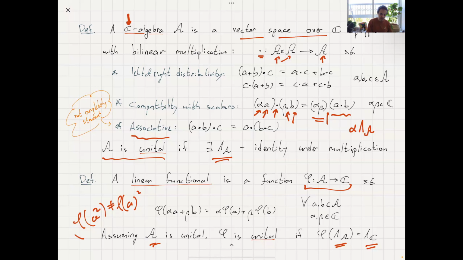So if phi of a squared were equal to phi of a squared, it wouldn't be a good tool to encode all the different powers. Again, you can think of this as a kind of linearity of expectation and so forth. But the whole point is that phi encodes information about the powers, so we don't want the linear functional to respect the product. Okay.